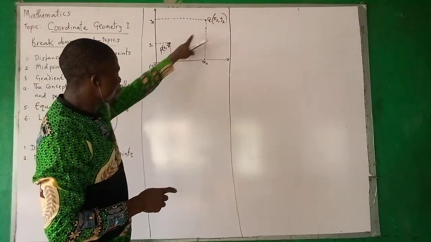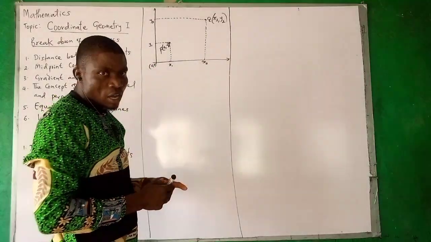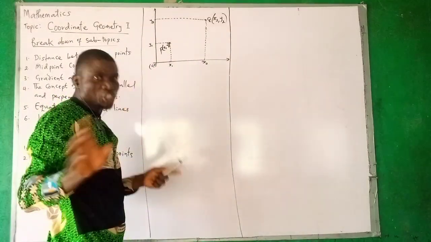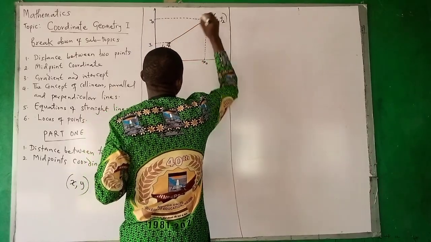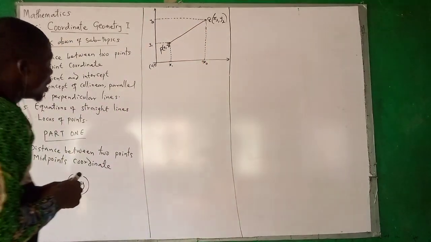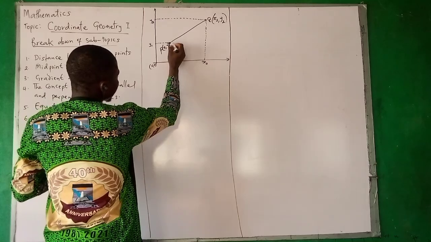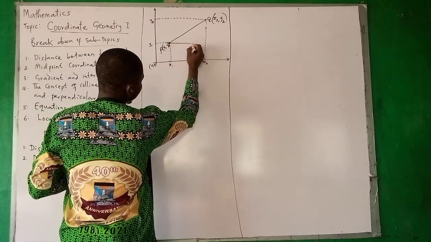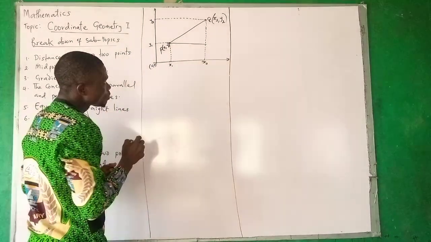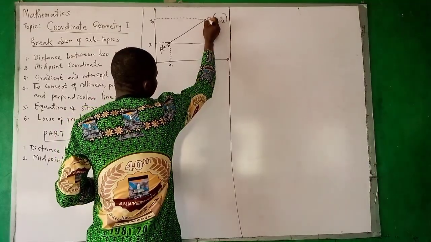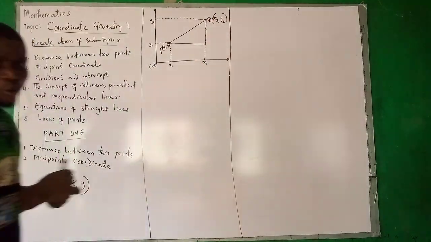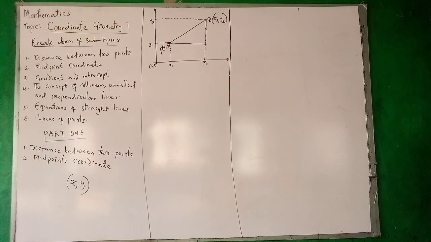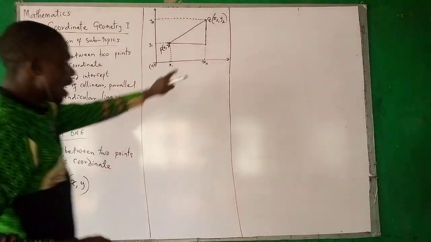If I connect these 2 points, PQ, with a straight line, I'll have a shape like this. Now, if I join here, are you following me now? And if I make this line orthogonal, I have formed a particular type of triangle, right? Called what? Right angle triangle.